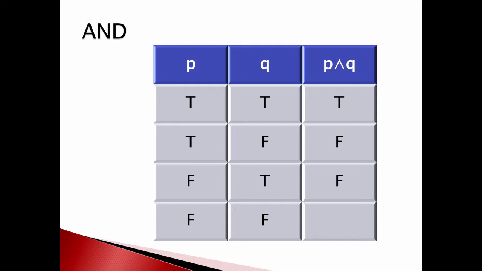Same thing for the next line: a false statement and a true statement, the whole thing together is false. And of course, if both were false, a false statement and a false statement would be false.